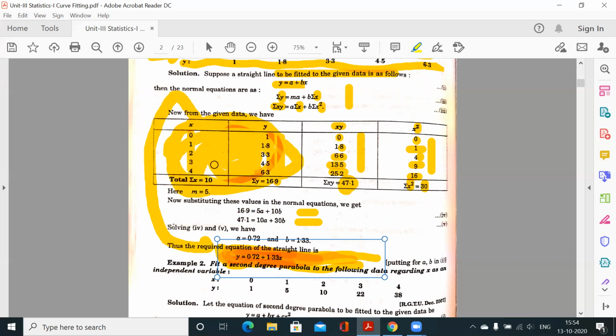It will not satisfy the set of values exactly, because this is only an approximation. The actual curve may be non-linear: exponential, sine, tan, anything, like e to the power x into sin x plus log x. It may be any type of curve, but we are considering it as a polynomial.